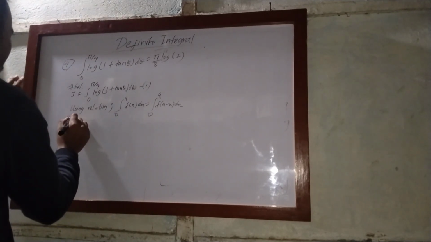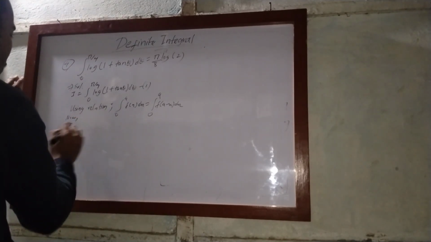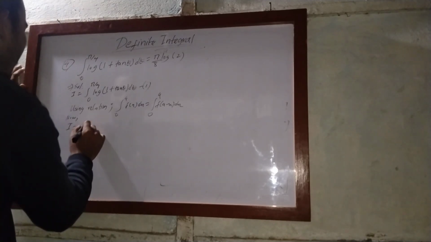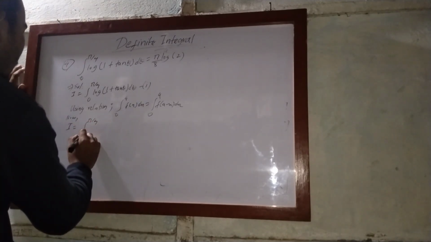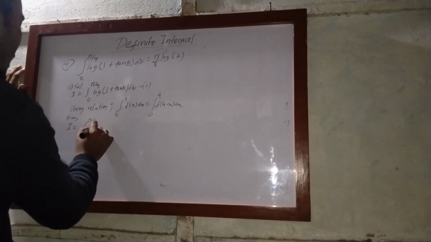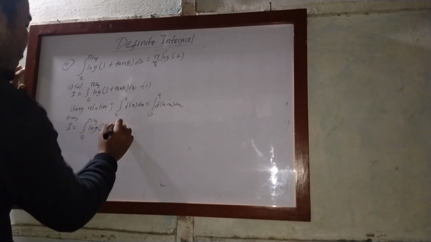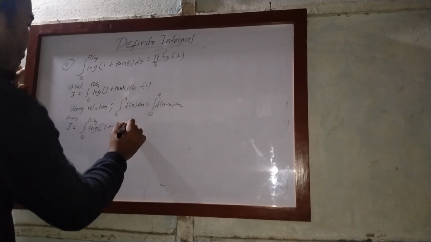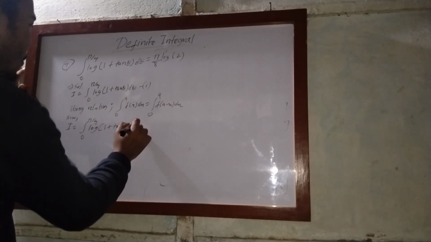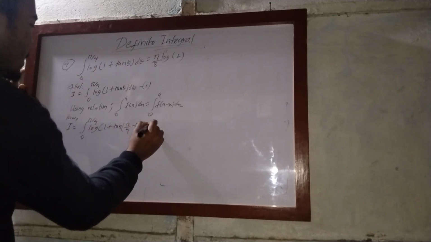Now I is equal to the integral from 0 to pi by 4 of log(1 plus tan(pi by 4 minus theta)) d theta.